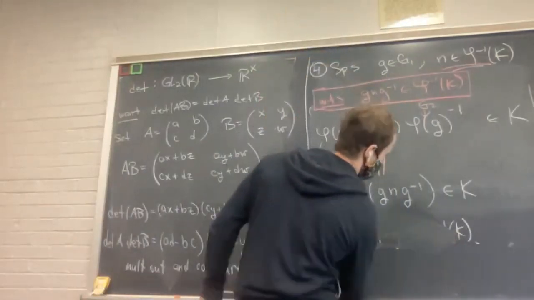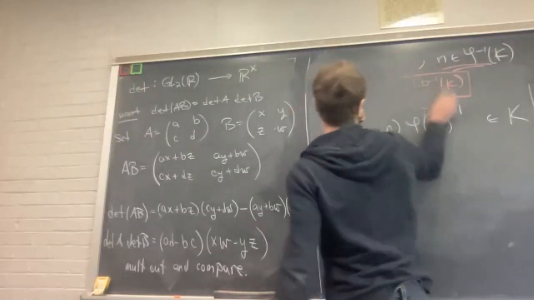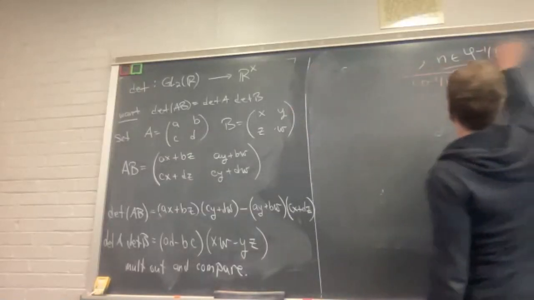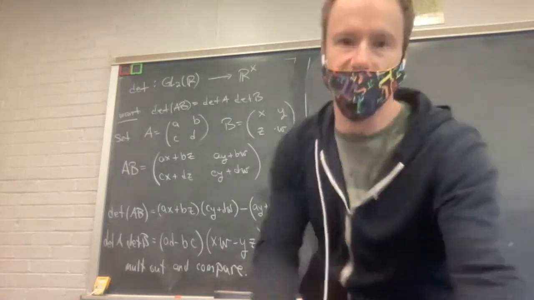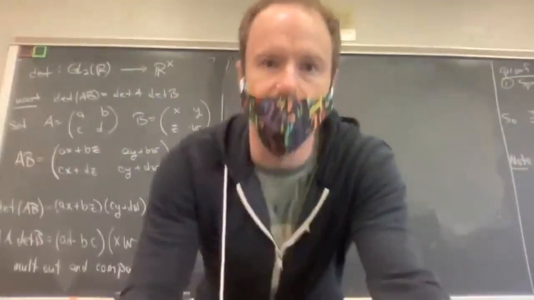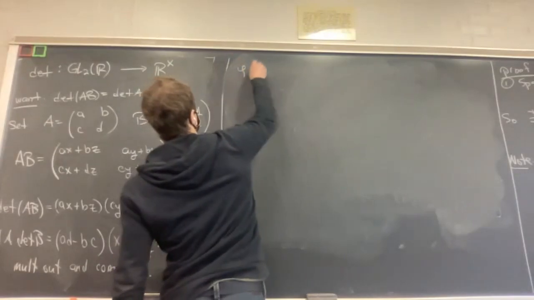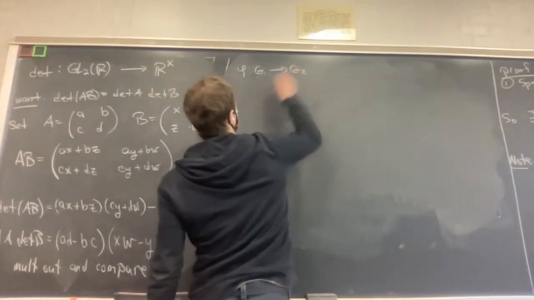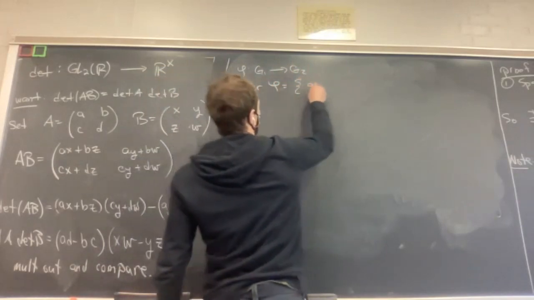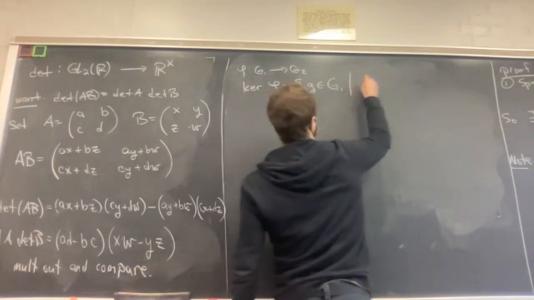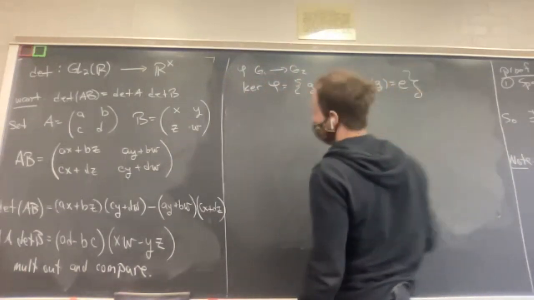Now let's recall this notion of kernel real quick. One of the videos you watched was about the kernel, a super important normal subgroup of the target group. If you have phi from G1 to G2, you define the kernel of phi to be all g in G1 where phi of g is equal to the identity.